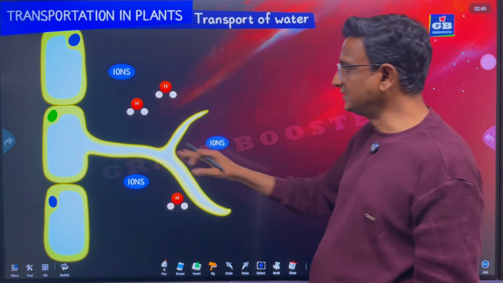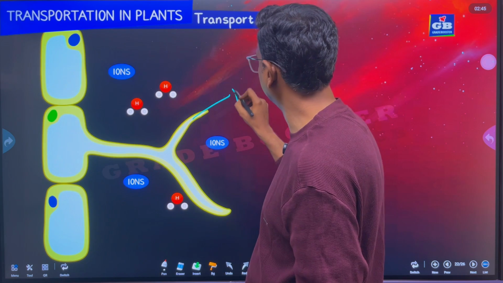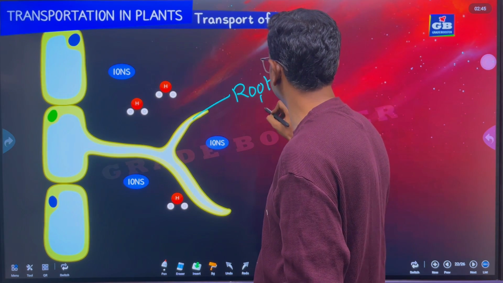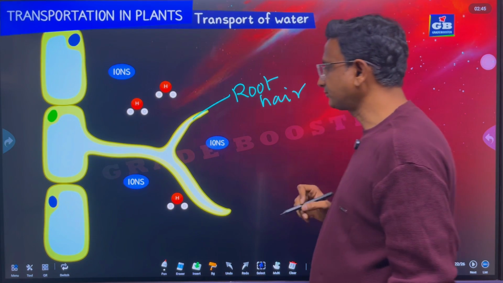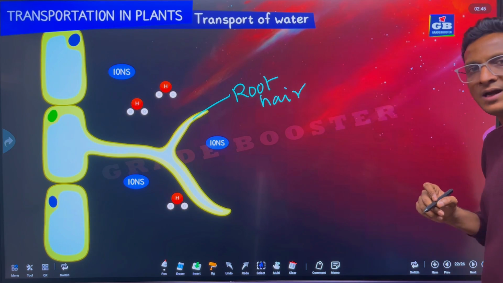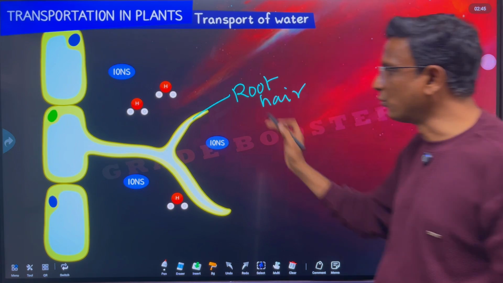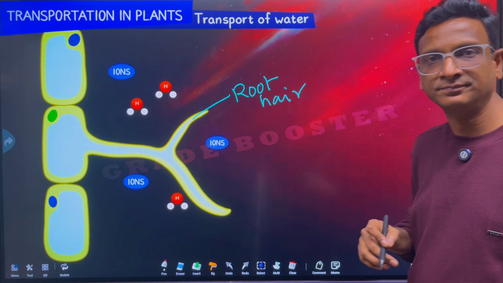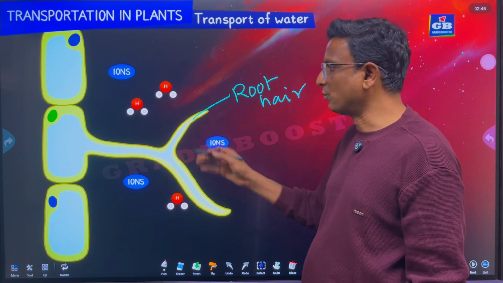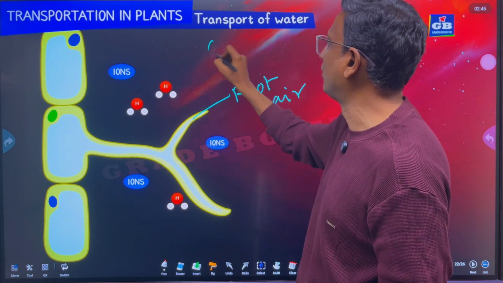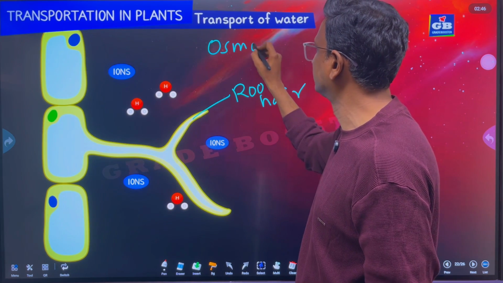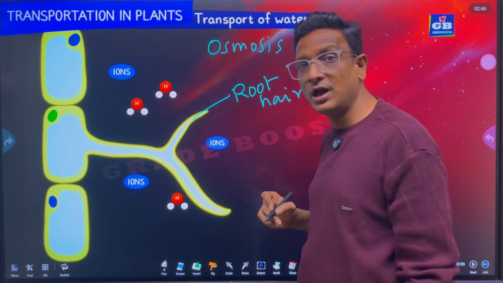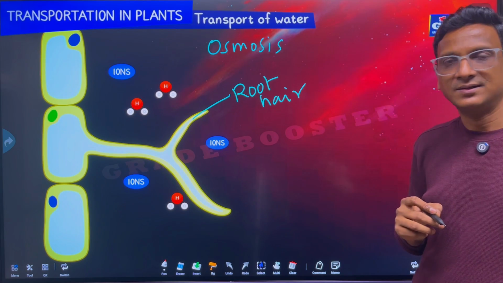See here, this is the root and this is the root hair. How does the transport of water take place? How does the water enter the root hair? The water enters by a simple phenomenon called osmosis. We all know osmosis, right?